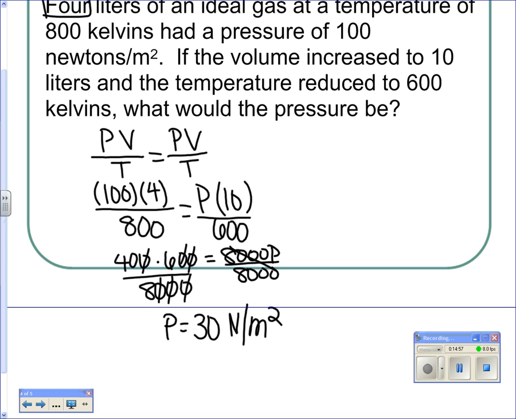If they had said your volume was held constant, then your formula would be that. If they had said volume was held constant, you would take off the V's. It'll tell you if it's held constant. Okay? So should we add a number to both sides? Yeah, because it's like multiplying both sides by 2, or 100, or whatever. You don't have to.